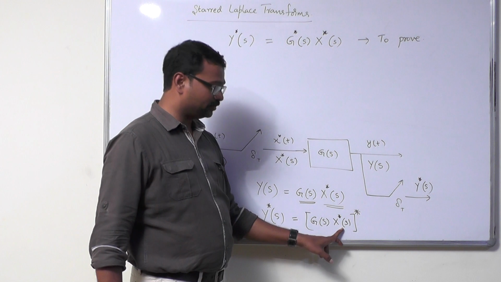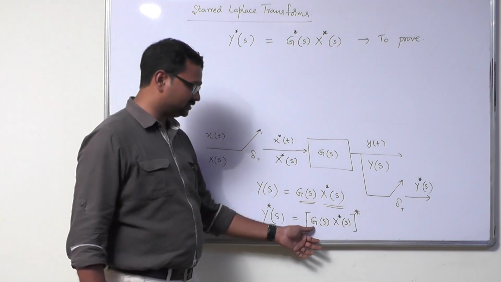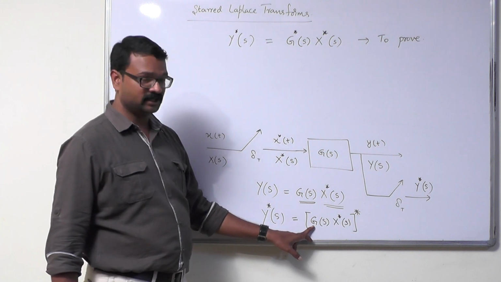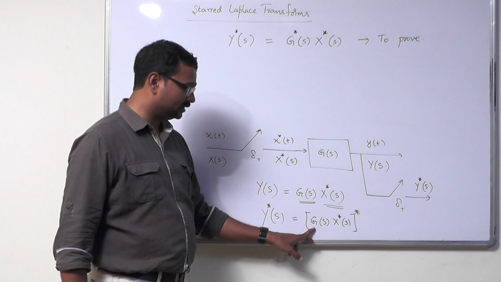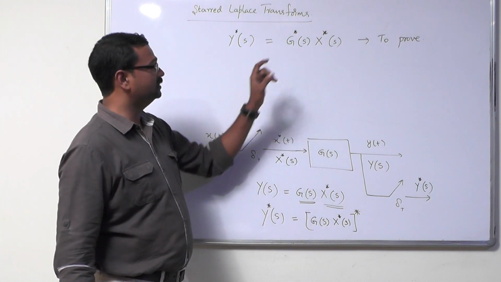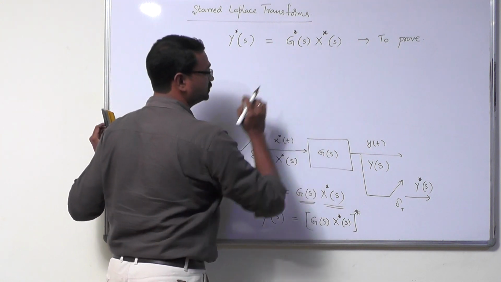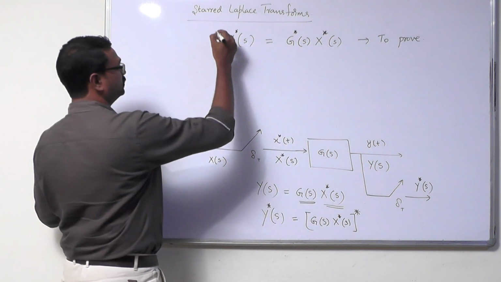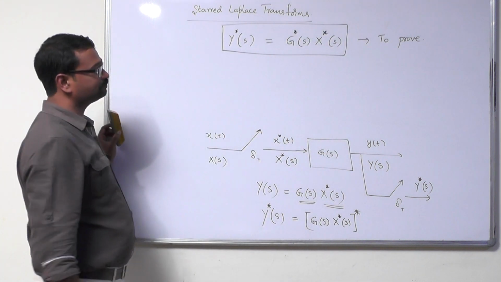An already sampled signal need not be sampled, so X*(s) stays as it is. Here G is a continuous time signal and it has to be sampled, therefore G*(s). That is why Y*(s) is equal to G*(s) into X*(s), which we will try to prove in this class.